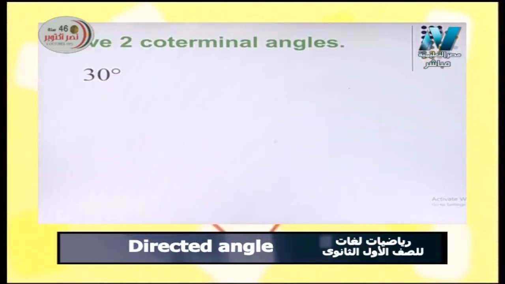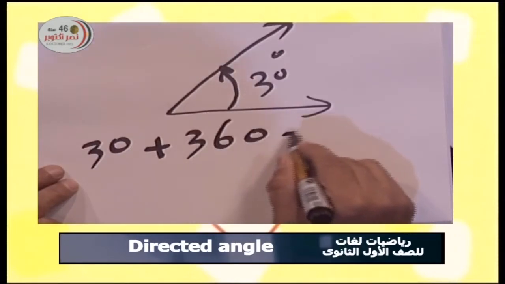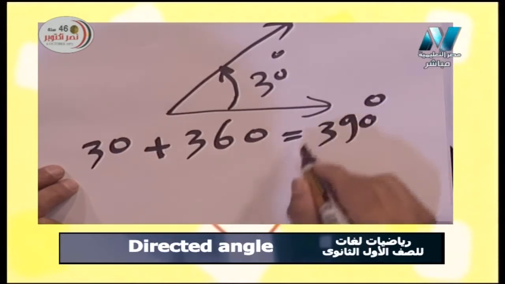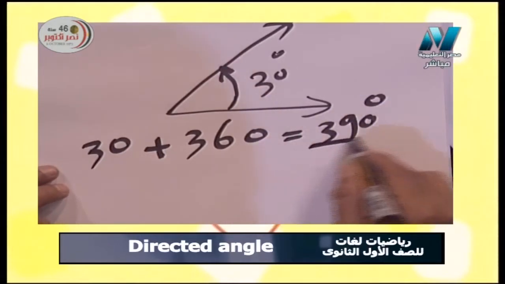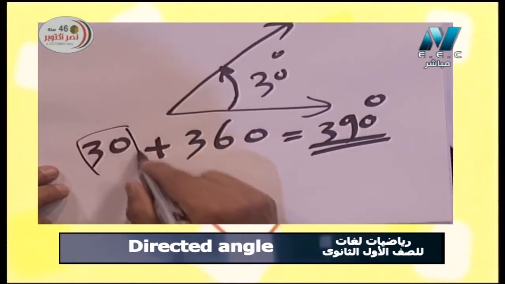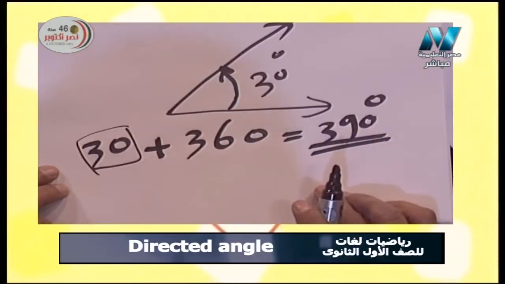First, we add 30 plus 360, which will be 390 degrees. So the angle 390 degrees is equivalent to the angle 30, or coterminal to the angle 30.